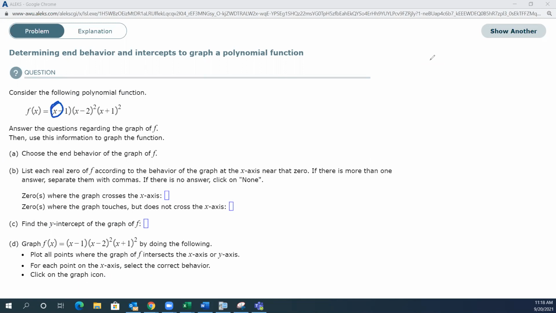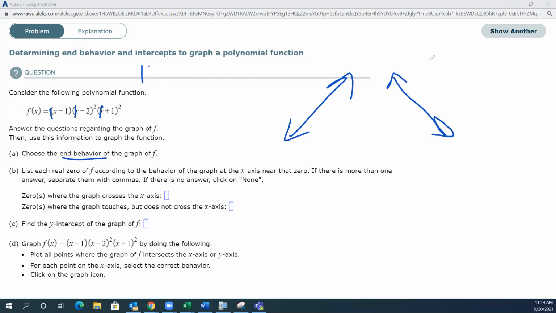All right, so we've got 1x, 2 more x's, 2 more x's. So if you multiply this all out, the highest power of x is going to be 5. So we know it's going to be like that or like that for the end behavior. All right, now it's going to be a positive 1x times 1x squared times 1x squared.